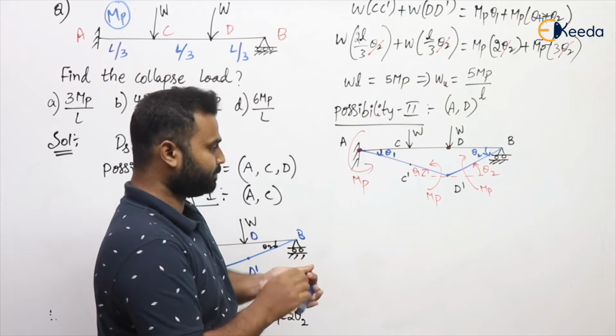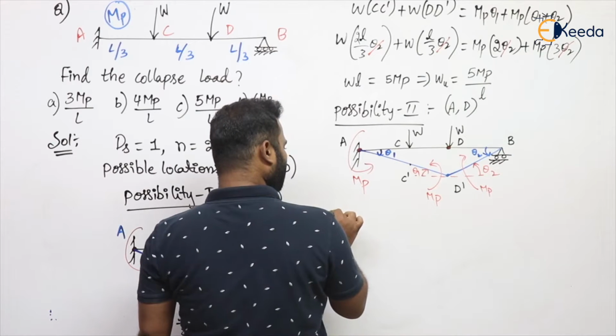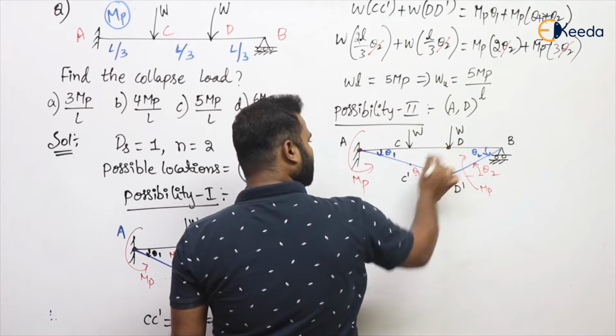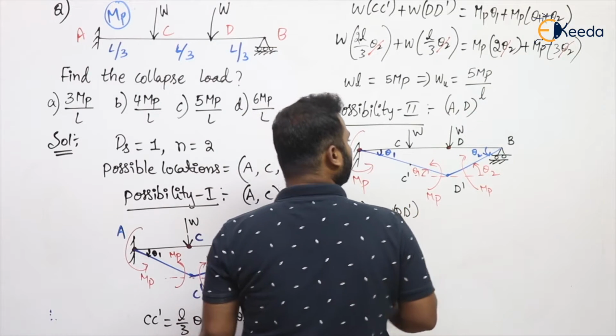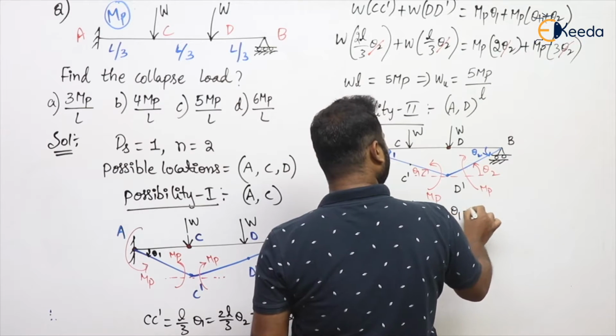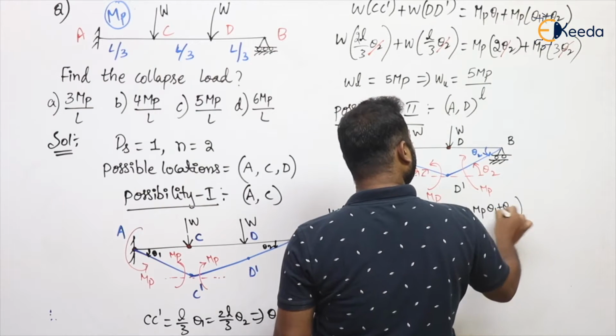Same procedure. External work is done by both the loads, that is W CC dash plus W DD dash, is equal to MP theta 1 plus MP theta 1 plus theta 2.